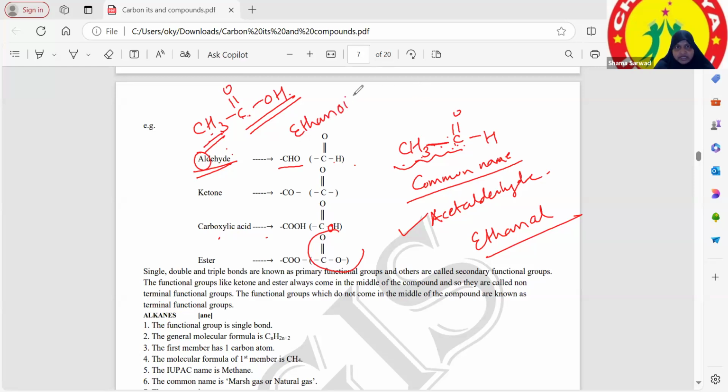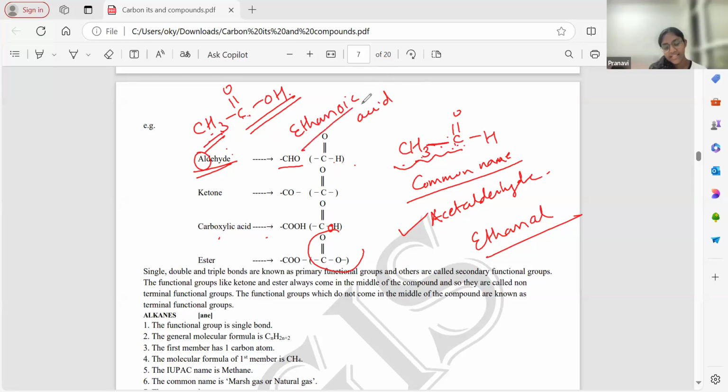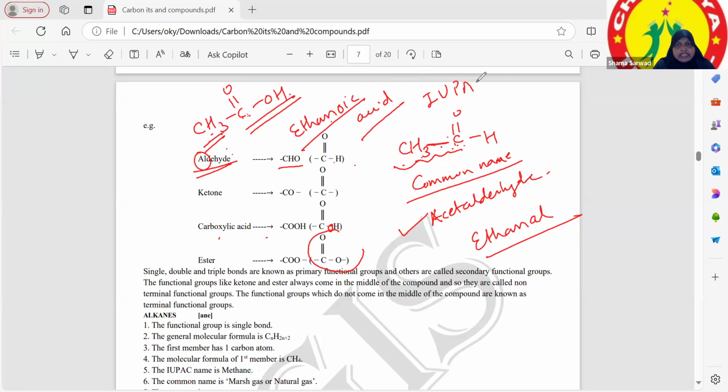After that, you have to write oic acid. So acetic acid is called ethanoic acid. Whatever the number of carbons. The rule for ethanoic carboxylic acid has been set by IUPAC. I didn't do anything.